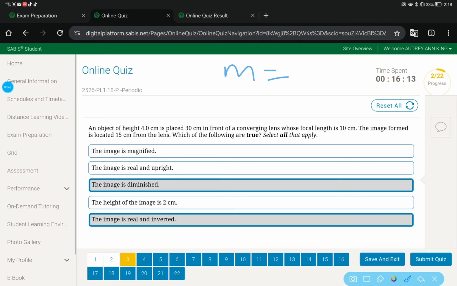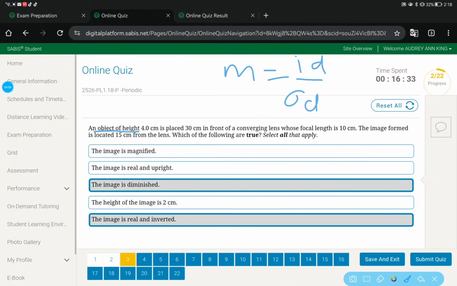The magnification equals image distance, I'm going to write ID for short, over object distance. So we need to apply this formula.